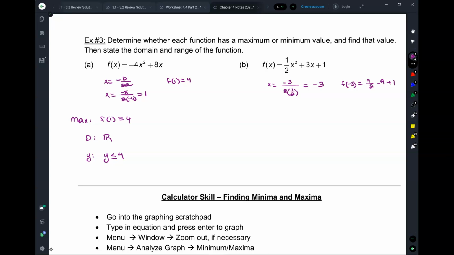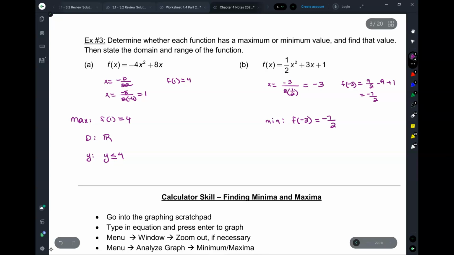No, because you square it. Yep. So that would be negative 7 over 2. Does this have a minimum or maximum? Go ahead and yell it out. Minimum or max? Minimum. So we say f of negative 3 is negative 7 over 2.